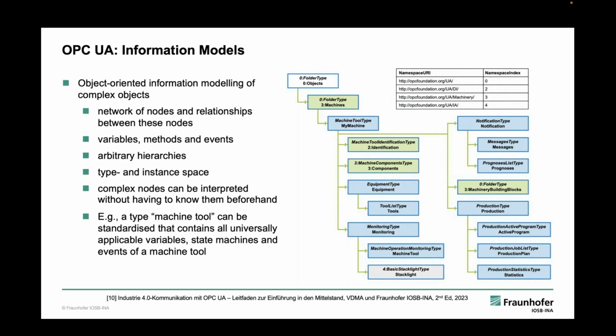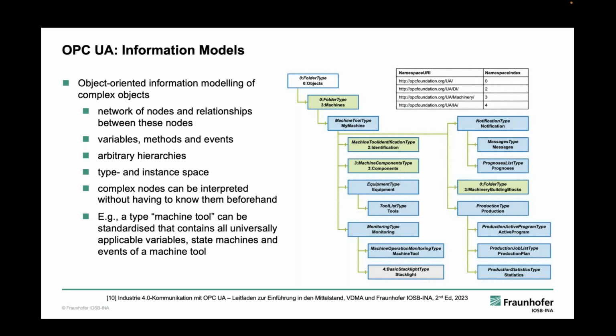A main point is also that you have a type and instance space, already in an OPC UA server. What this means is that you can not only browse the instance space, but also always the type space as a client. So you can understand types on the fly without having to know them in advance. That's basically what it means.